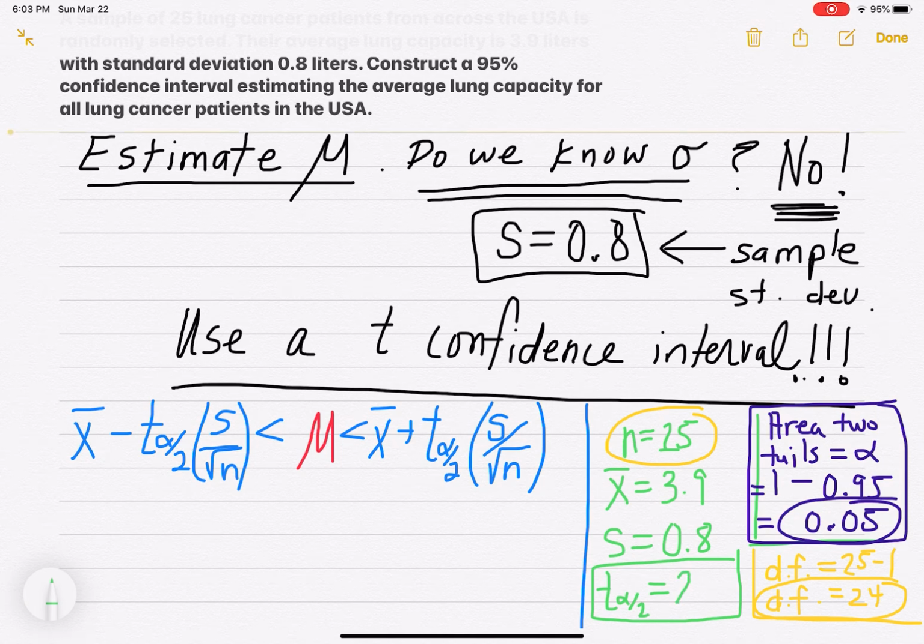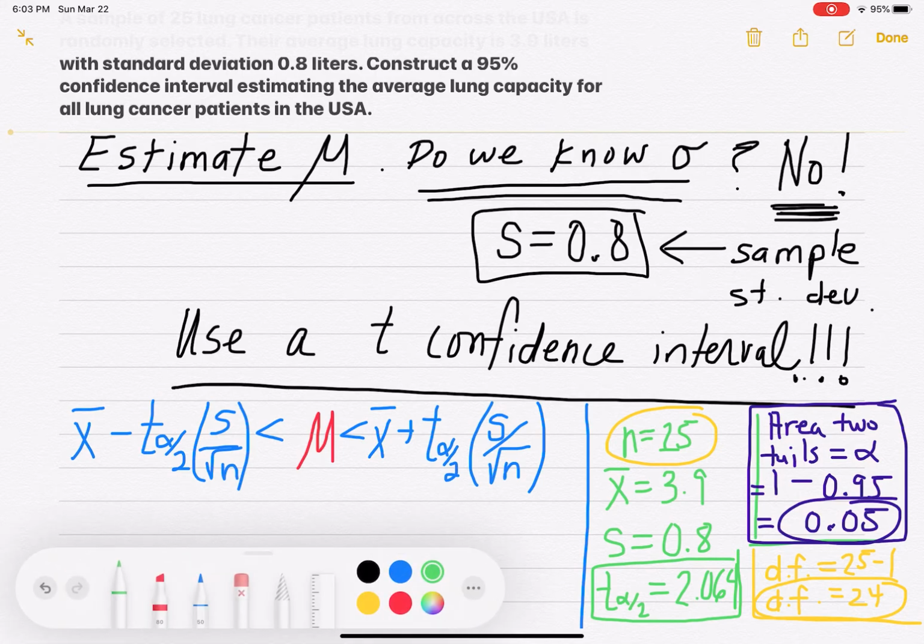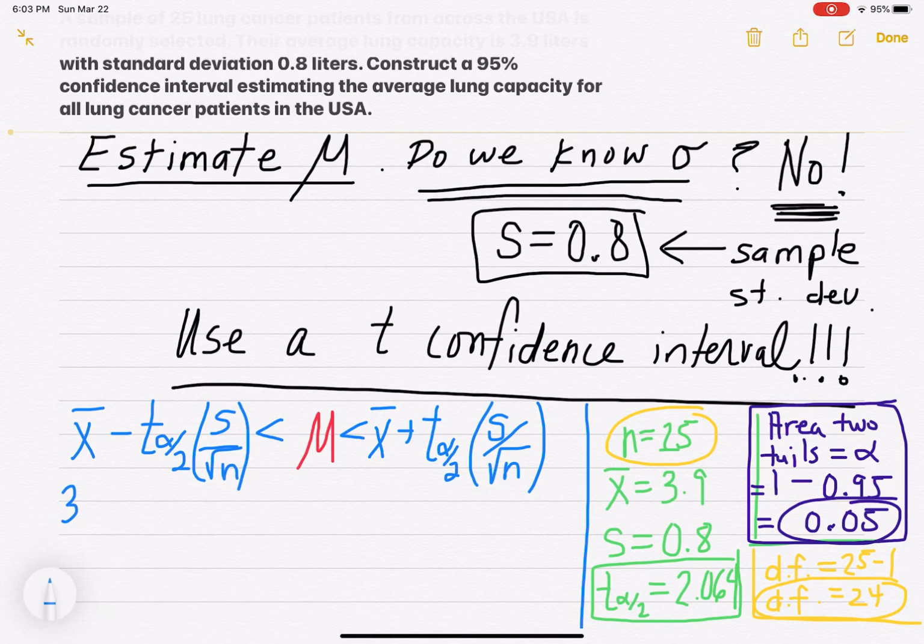So let's write that, 2.064. Now we have all the information we need to plug into our T confidence interval formula. First of all, x bar, we're going to have what? 3.9 minus T alpha over 2 is 2.064 multiplied by S. What was it? S, 0.8, divided by the square root of 25.